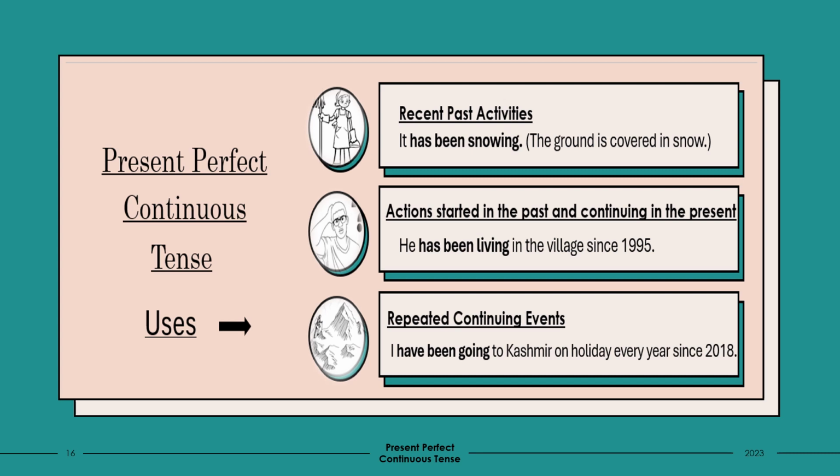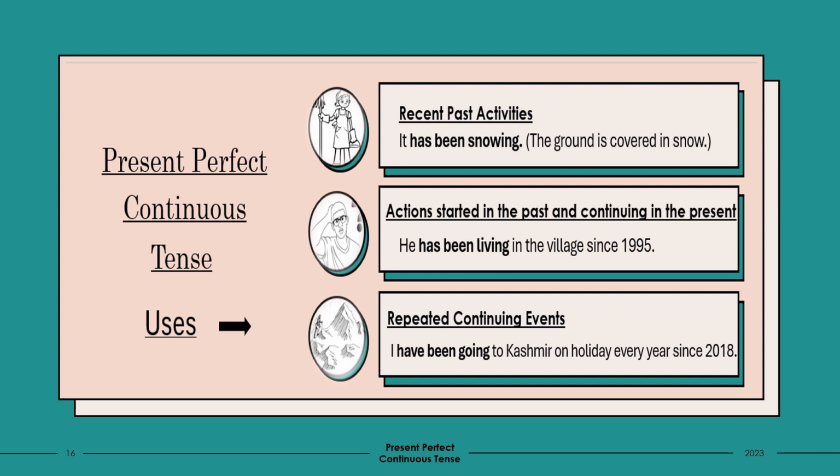He has been living in the village since 1995. So वो 1995 से गाँव में रह रहा है, अभी भी वो रह रहा है. So here it lays emphasis on the present. ठीक है कि अभी भी वो काम चल रहा है. It lays emphasis on the continuity of the action.